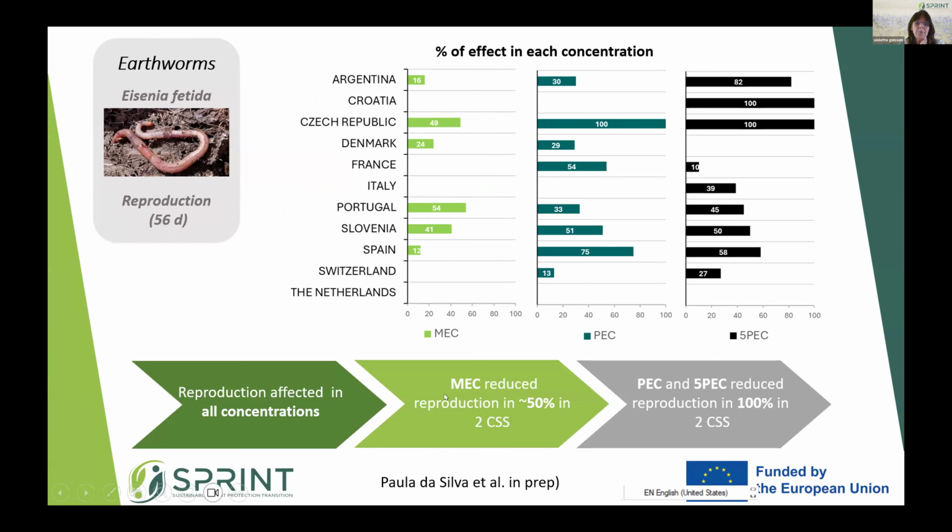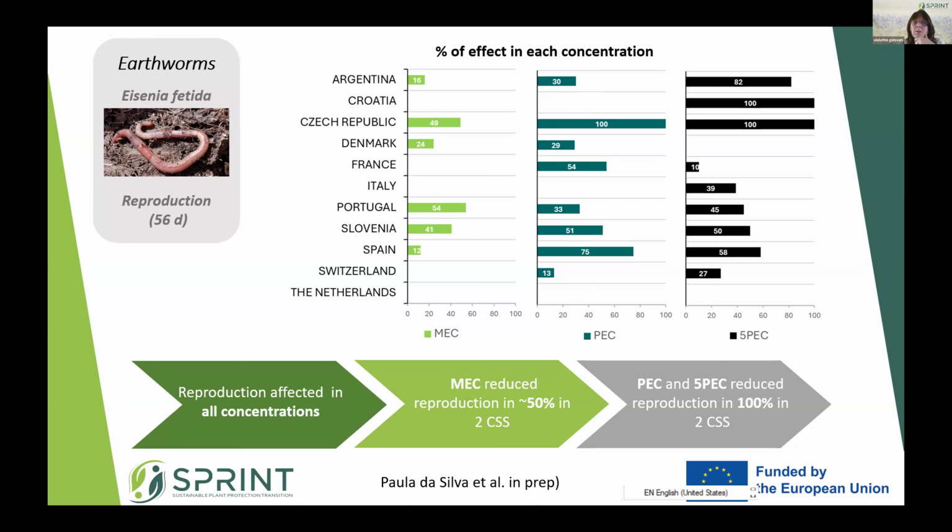What is presented here by my colleague Paula da Silva is the percentage effects of each concentration of the mixtures. Here is only one example for an approach. You can see on the left side the mixtures we were taking. We called them by the countries where we found them, so Argentina, Croatia, and further on.